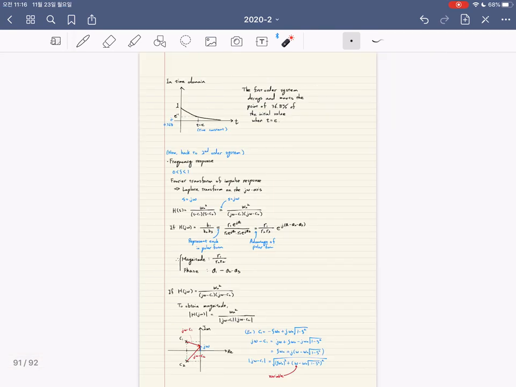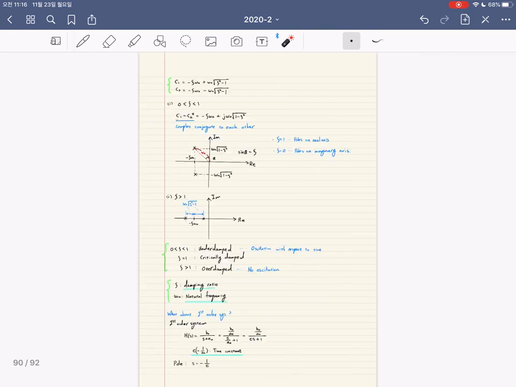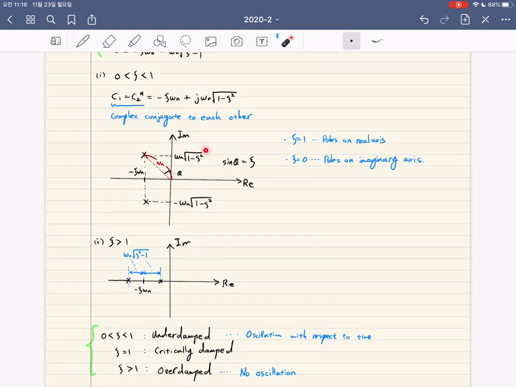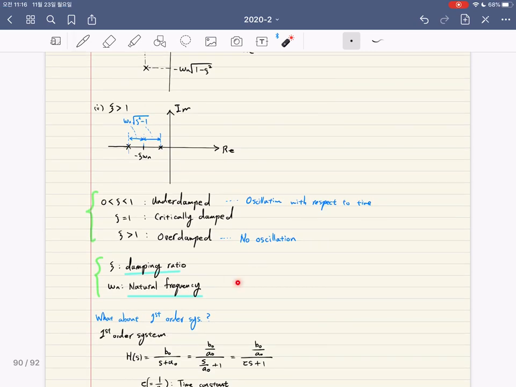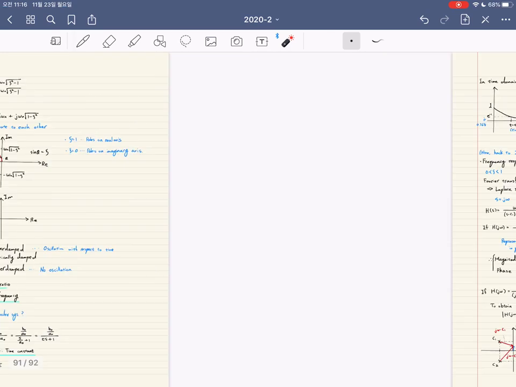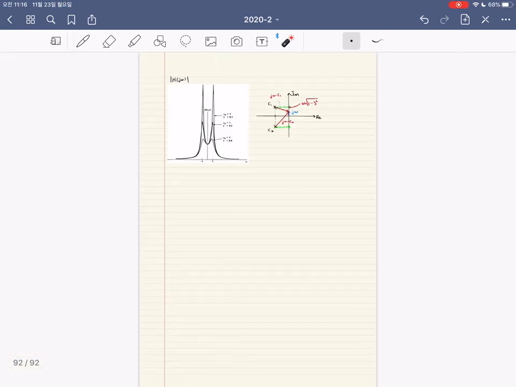Okay, and also you need to distinguish the situation which depends on the value of this zeta, and think about these new words here, which represent the second order specification. Okay, I think that's it for today, and thank you very much for your attention.